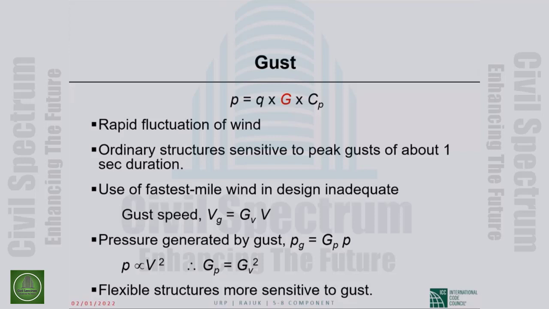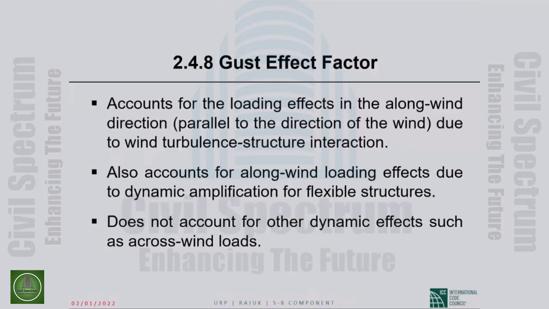But the idea of the gust effect factor is still valid, that we go from the averaging time to the gust duration to which a building is sensitive. Okay. So gust effect factor accounts for the loading effects in the along wind direction due to wind turbulence structure interaction. That's what it is.